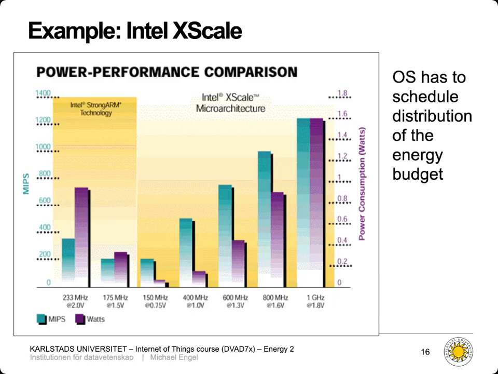The green bars are the computational power, so the number of millions of instructions per second that can be executed, whereas the purple bars are the related energy consumption. And you see that, for example, for 600 megahertz, you have half of the computing power of this 1 gigahertz frequency for the XScale, but only a quarter of the energy consumption. So that's where your quadratic factor actually comes in very nicely.